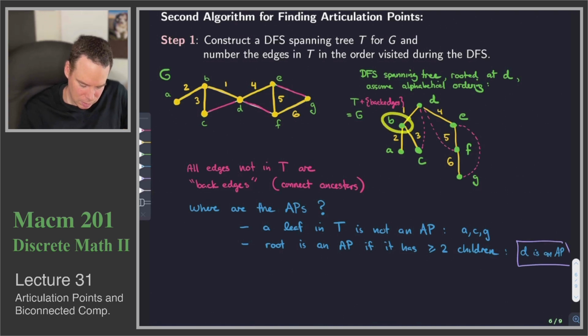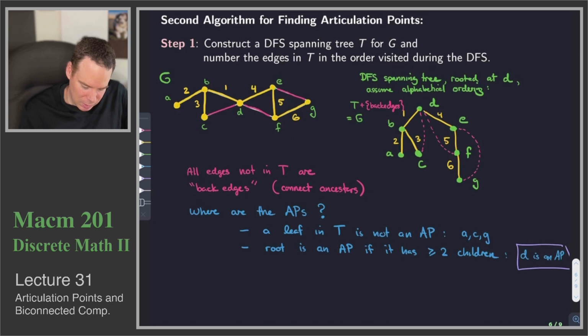So could B be an articulation point? Well, if I imagine removing it, what happens? Well, this vertex would fall away. The C, however, would not, because it has this lifeline connecting it back up to a higher vertex. So I think of these back edges as like lifelines connecting it to vertices higher up the tree.